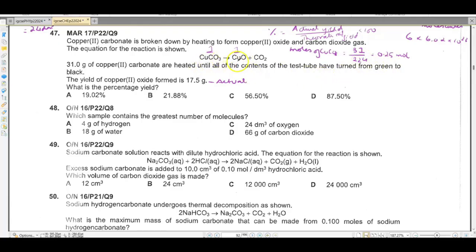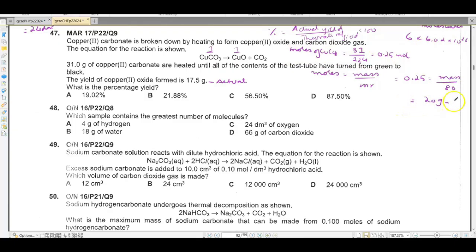With the help of the moles, we have to find the mass of CuO. There are 0.25 moles, and Mr for CuO is 80. So 80 times 0.25 is going to give us a mass of 20 grams.